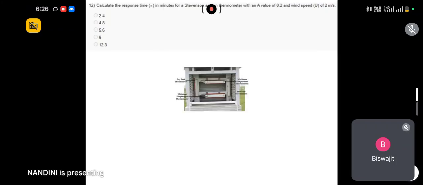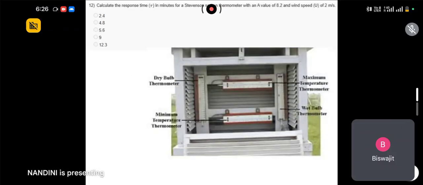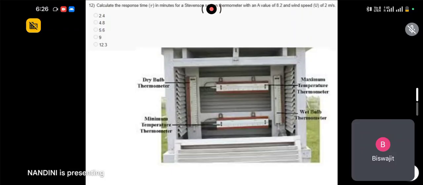Oh, this figure is better. Yeah, it's kind of like this. It will have multiple instruments kept inside. It's kind of like a wooden box. So this one only contains different types of thermometers, but it may contain other instruments as well.